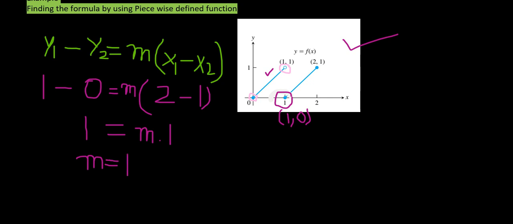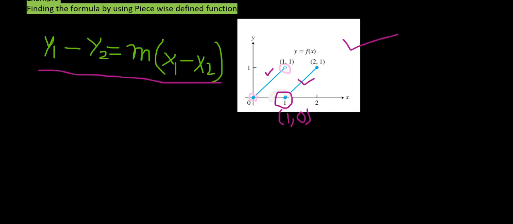Now we're using this same equation to find the equation of this line. So I am using the ordered pair 1 and 0 for the values of y2 and x2.